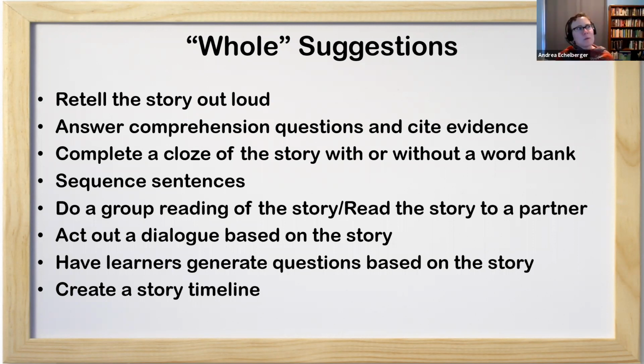Well, what you might want to do is things like, if you have a way to communicate with learners, whether that's WhatsApp or Remind, you could send a picture and have learners send you back sentences about the picture. On WhatsApp, it's really easy to send pictures.